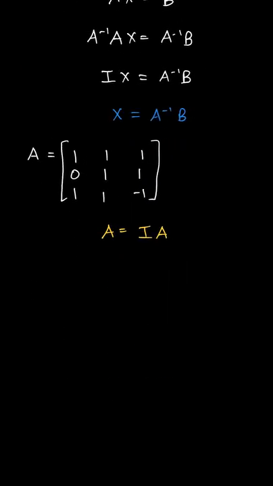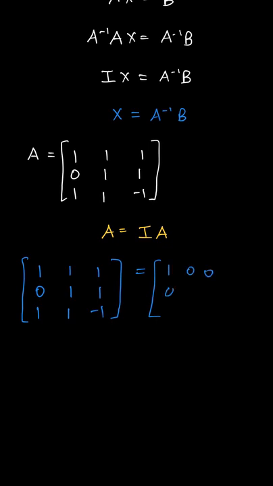So we will have the matrix 1, 1, 1, 0, 1, 1, 1, 1 and minus 1 equal to I, which is the identity matrix of order 3, multiplied by A. Now we make elementary row transformations such that this becomes the identity matrix.